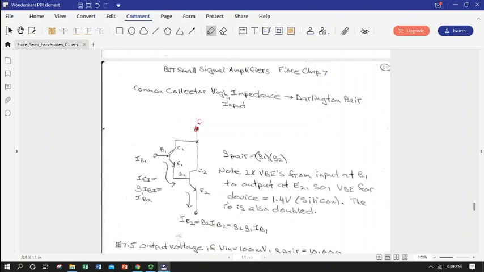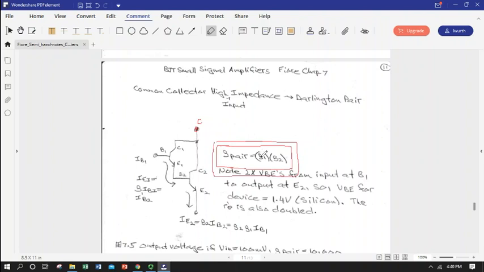So with this ganged pair, the Darlington pair, we would have our signal come in at base 1. We would realize our beta gain of this transistor, and that amplified signal would then be the input to the next one, and it would gain beta, and then finally come out to our output. So, important thing to note, the gains of cascaded amplifiers multiply.